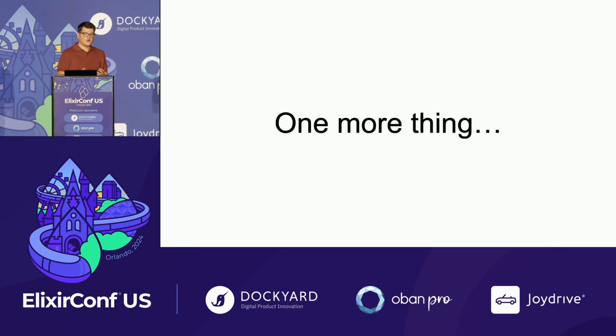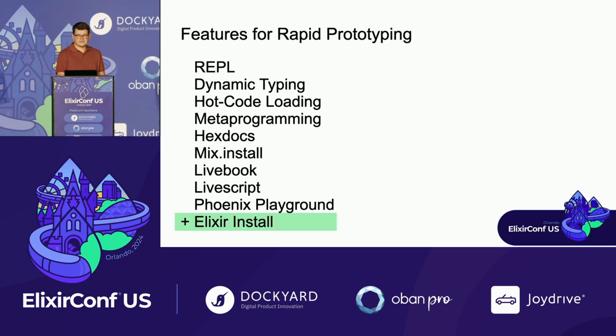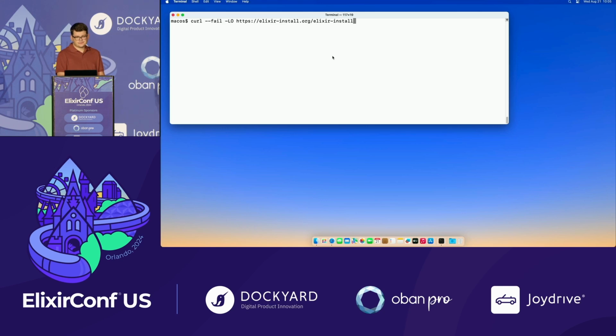Like, what do you need before you can prototype in Elixir? You need Elixir. So here's a prototype of another way of installing Elixir. We download a single script from ElixirInstall.org.